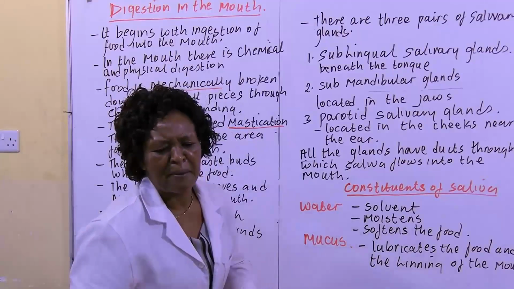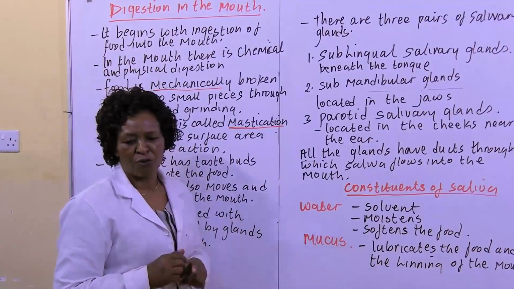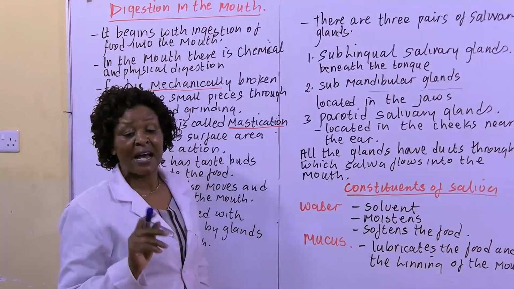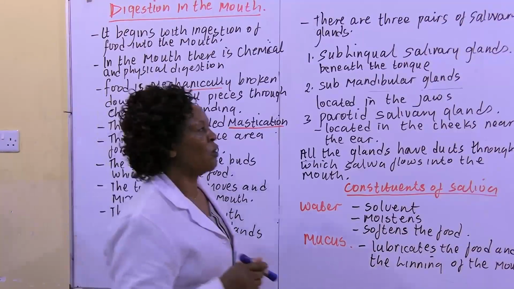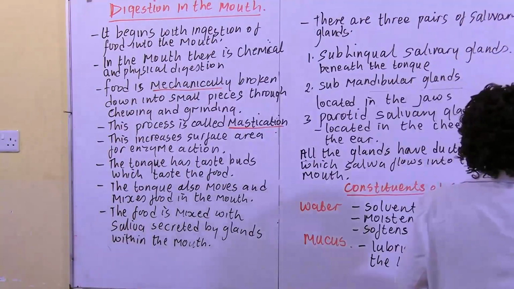So after the chewing and mixing up of food with the saliva, the tongue rolls the food into small balls called boluses.